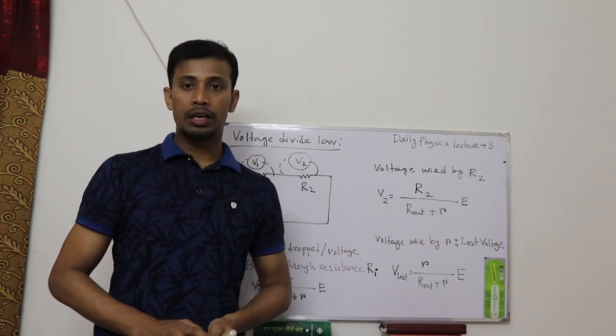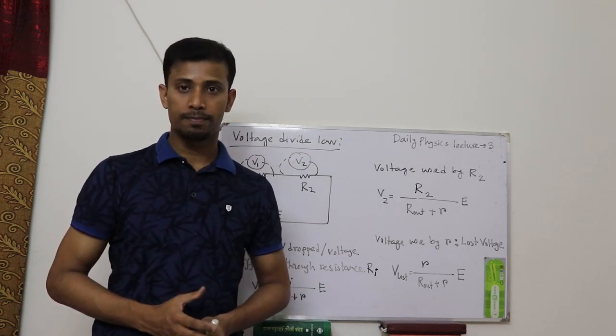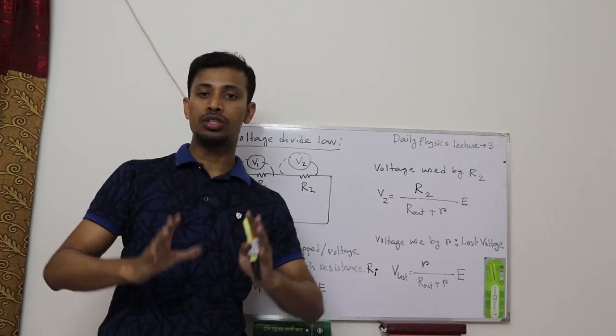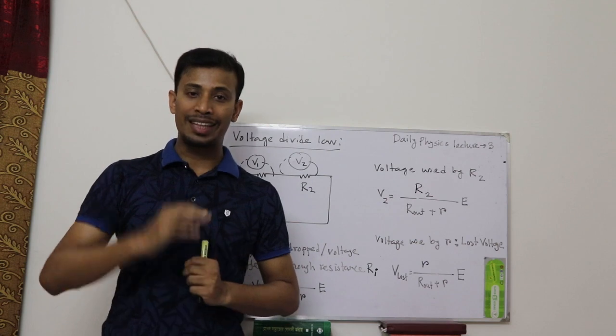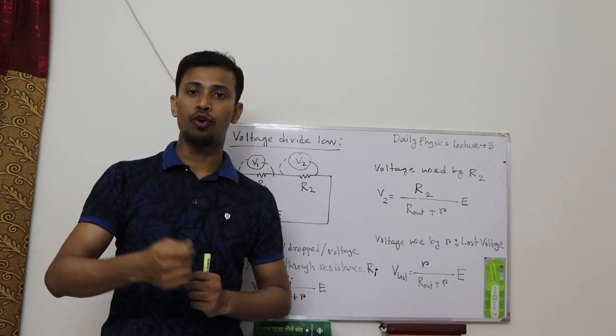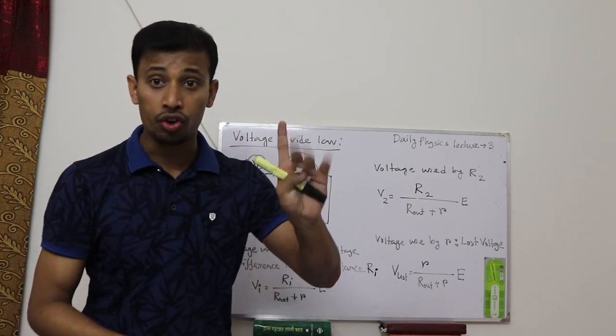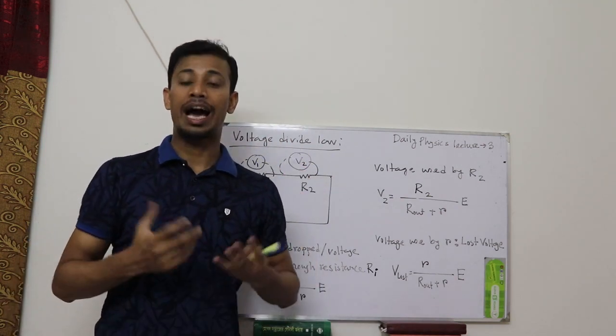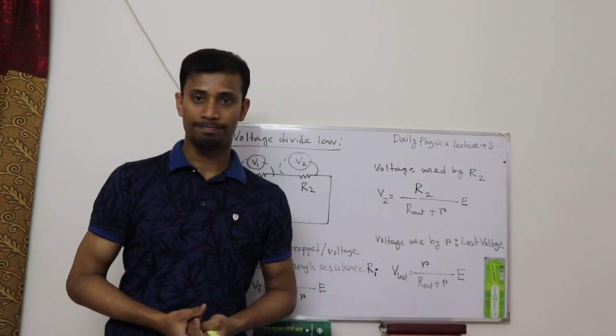Okay? Now another important thing. If the question doesn't say anything about the voltage used in a particular resistance, but rather asks you the voltage of a particular point, not resistance, remember, voltage of a particular point, then how will we solve it?